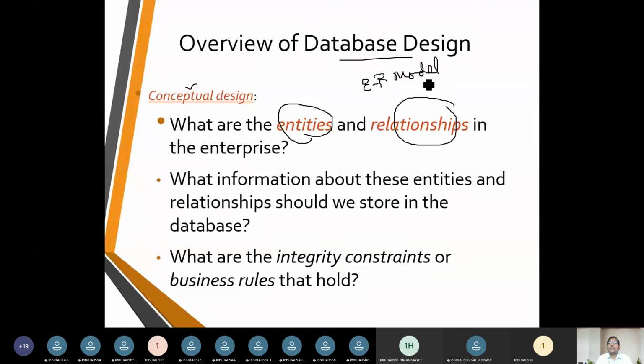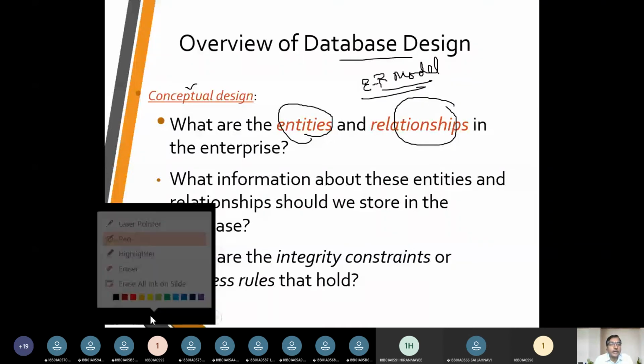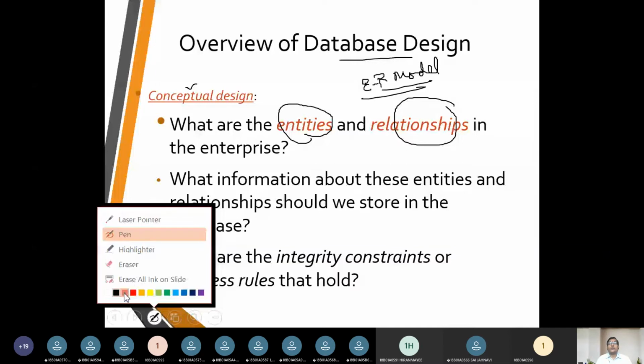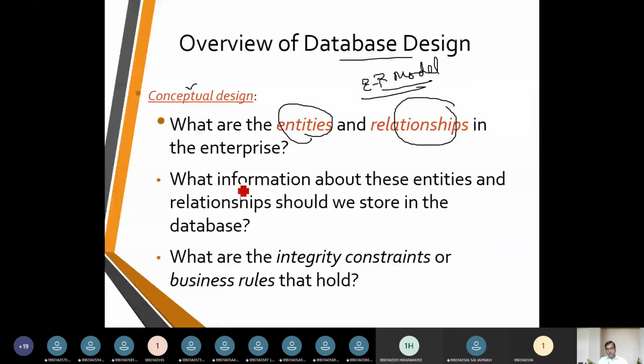The entity relationship model works over the logical view, and it is going to give a schema for a database.